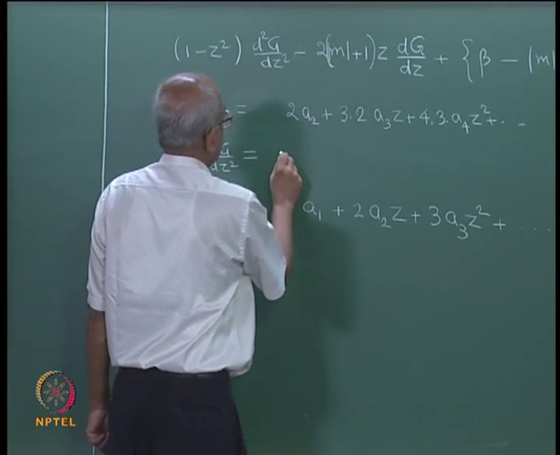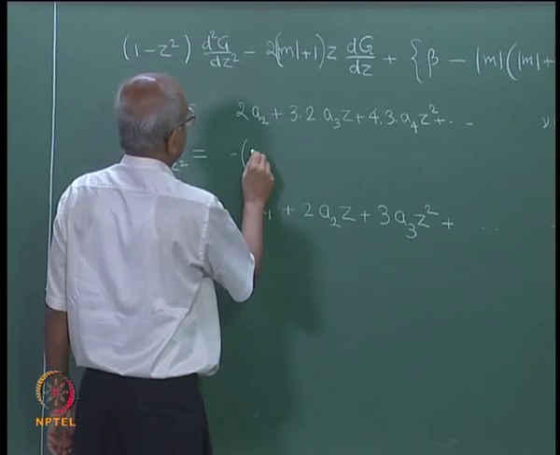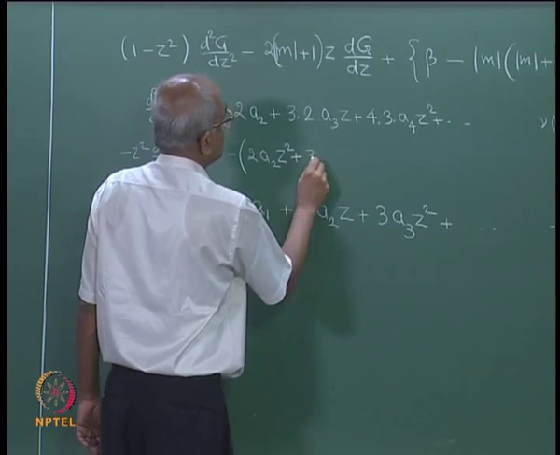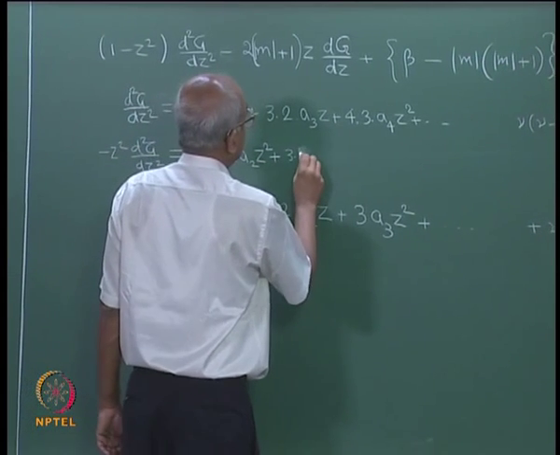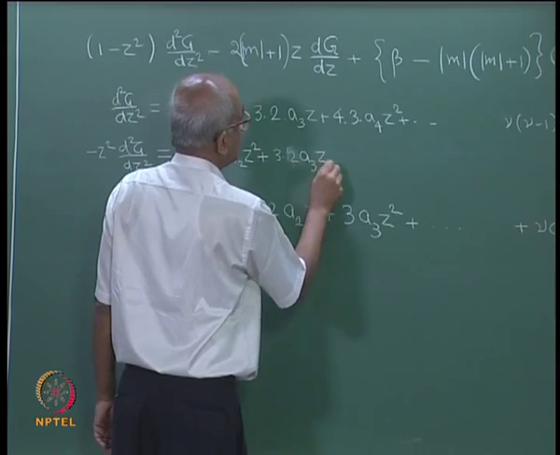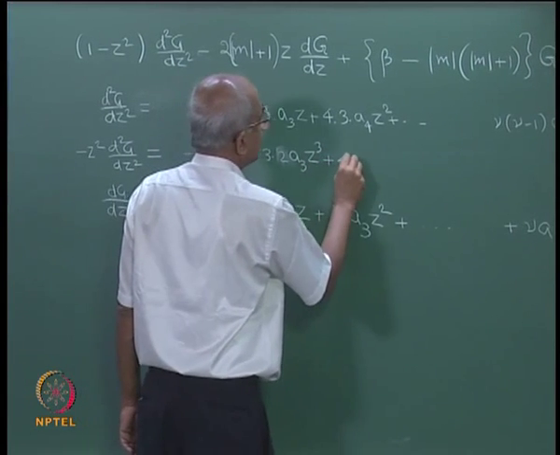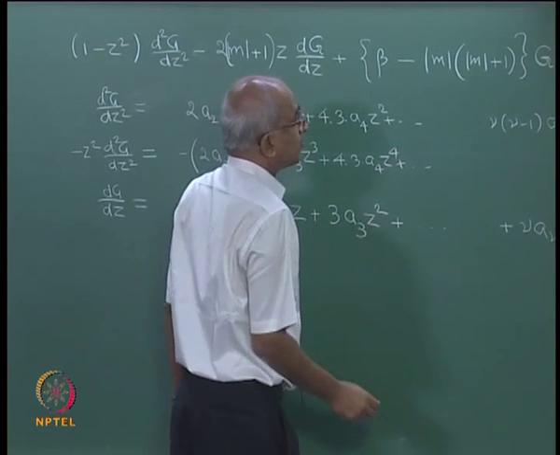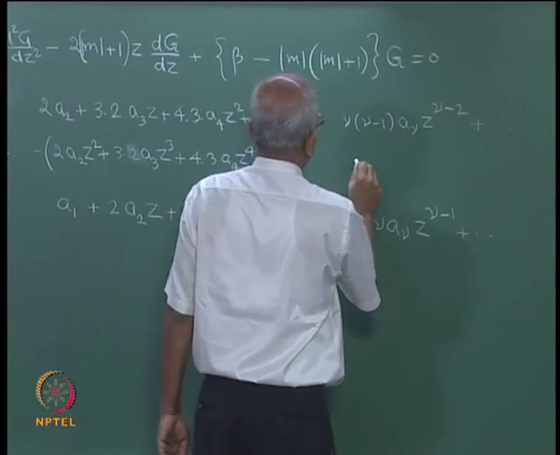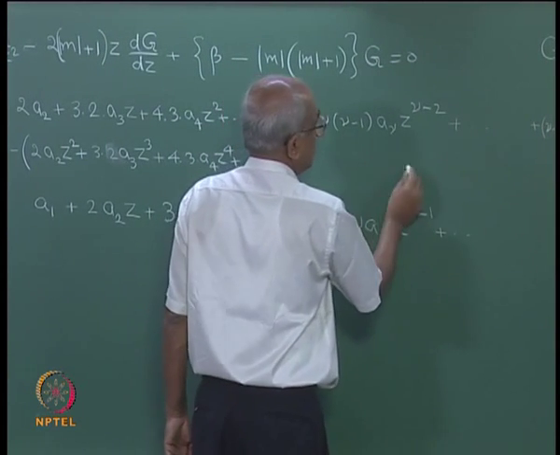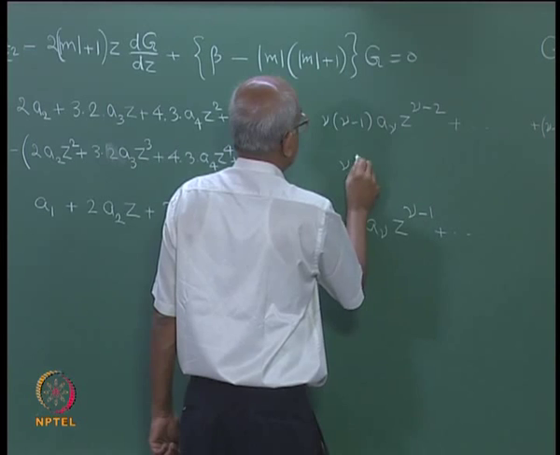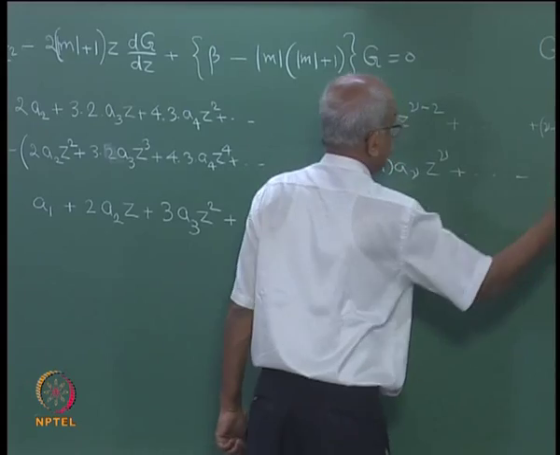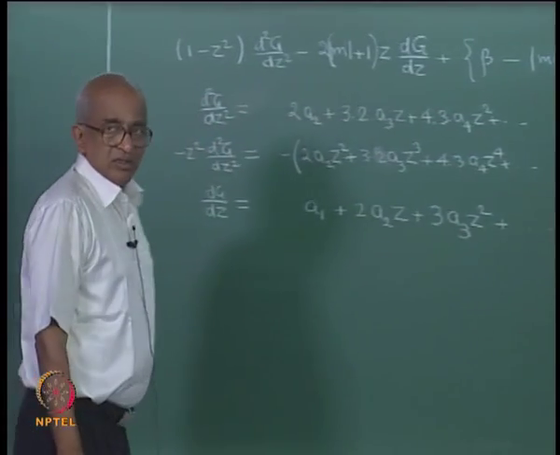Well, that will give me minus, let me keep the minus sign outside, 2A2 z square plus 3 into 2 A3 z cube, and this is going to give me nu into nu minus 1 A nu z to the power of nu plus etc. Okay.